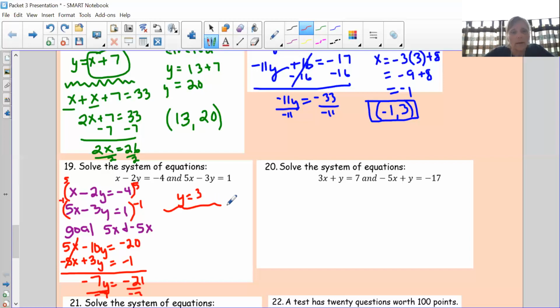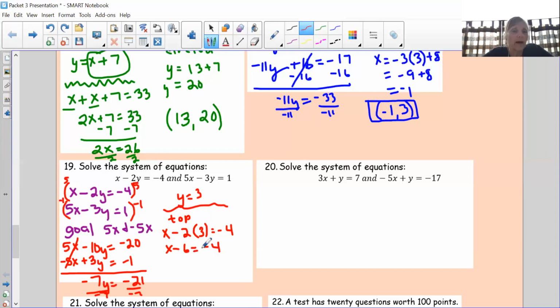Okay. I'm going to take the first one, or I might say top, and I'm going to put the 3 in for y. So I'm going to put the 3 right there. So I'm going to write x minus 2 times 3, because y isn't y anymore, it's 3, equals negative 4. So x minus 6 equals negative 4.